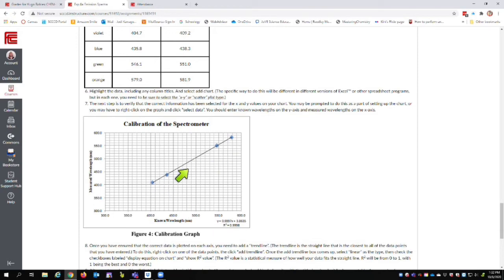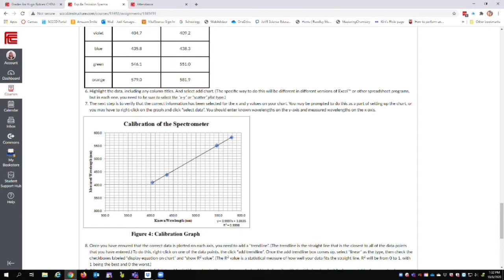We should see a positive slope, and there's some intercept here. But the equation for the trend line is going to give us a way to correct the lines that we observe to see, well, my spectroscope's a little off. I need to correct it and see what is this really telling me.